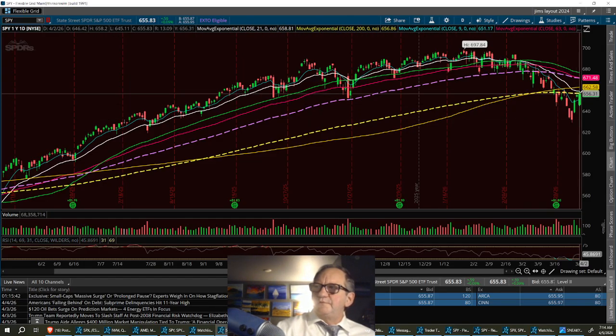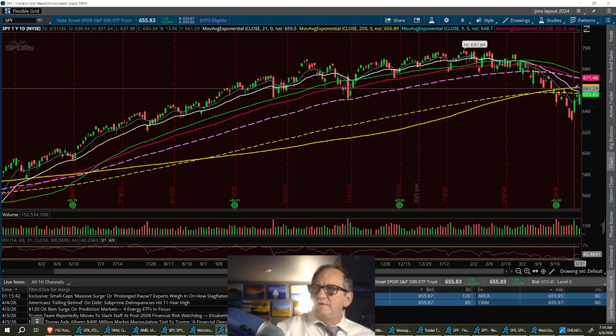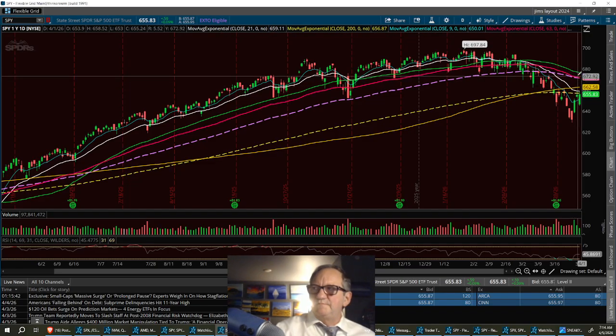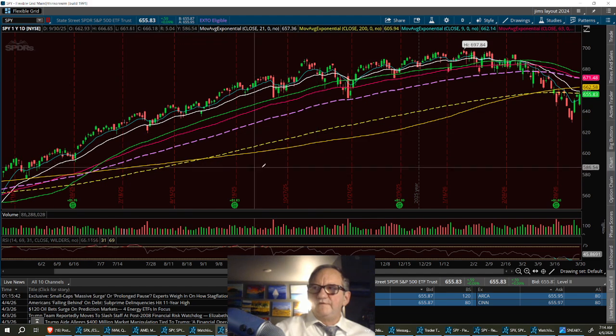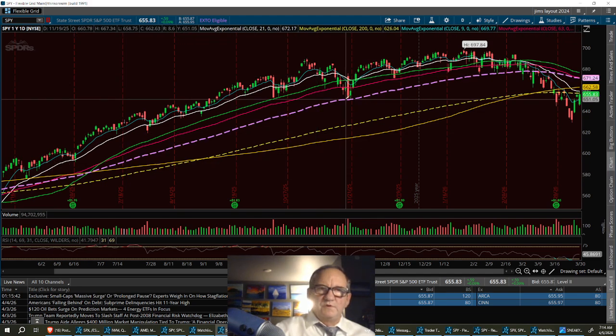So we're coming up and we're hitting the 200 EMA right now. And if that breaks, the next one you have to meet is the 200 SMA. If that breaks, you all of a sudden become very bullish again. And if you're above that 200, and then we even hit the 100 EMA, you're still above support. You're into resistance.